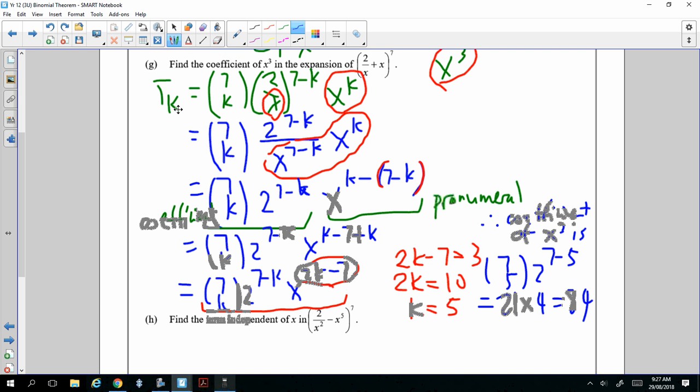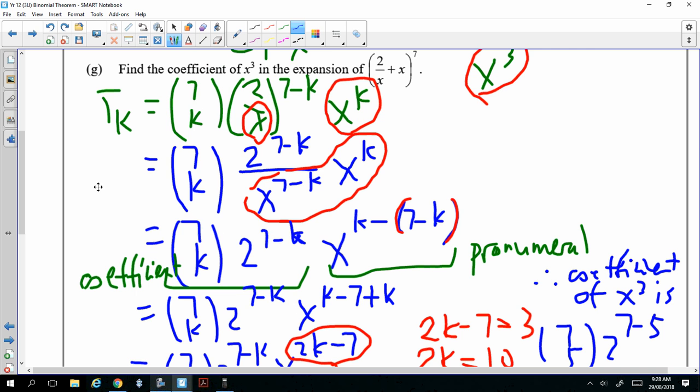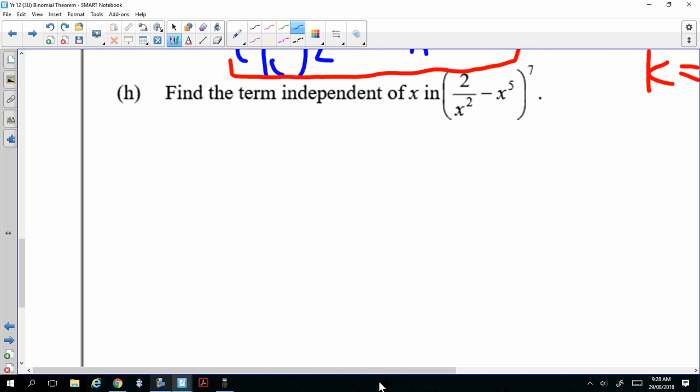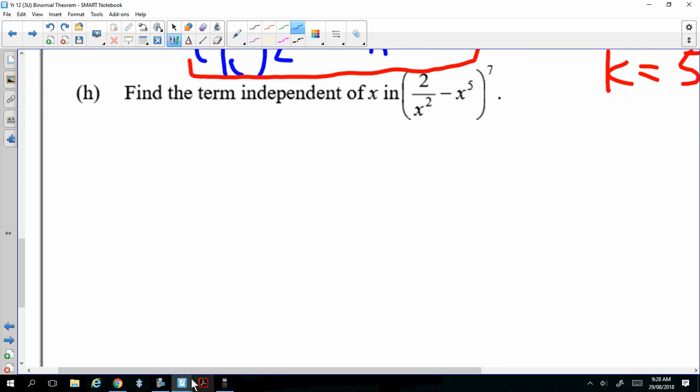Alright, let's try this. Okay, your first step, hopefully you all had a try, so it's very good. So tk equal to 7Ck, 2 over x squared to the power of 7 minus k, negative x to the power 5, to the power of k. So do each step slowly.